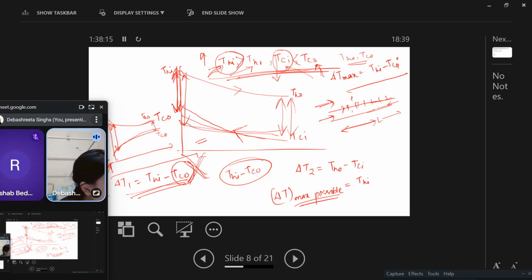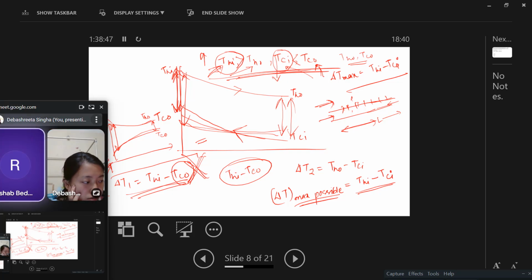The maximum possible is Thi minus Tci. You got it, no? This is for any condition. Did you get it, or do you have any doubt? Yes, yes.